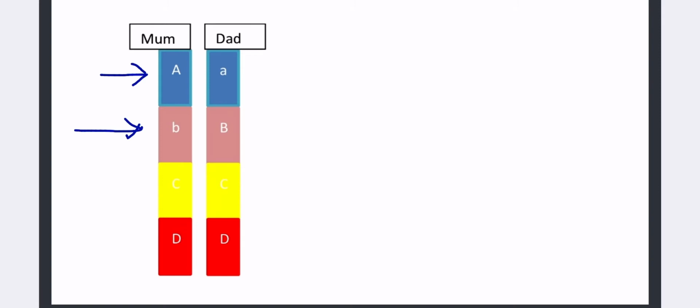Alright, firstly though, remember that on any chromosome there are several different genes. Like there could be dozens or hundreds. So this is clearly oversimplified, but you get the idea.